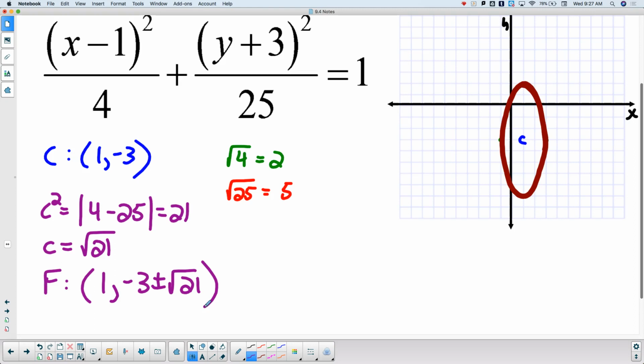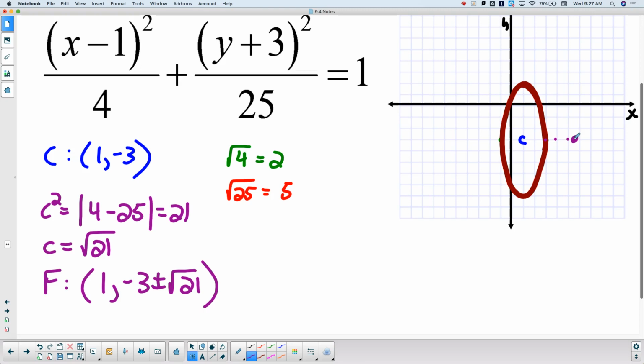Because it's halfway in between 16 and 25, right? Okay, so if I go left and right from my center, 4.5, that would put my foci there. Where are the foci of an ellipse? Inside. Is that purple point inside my ellipse? No, it's not. So it can't be left and right.